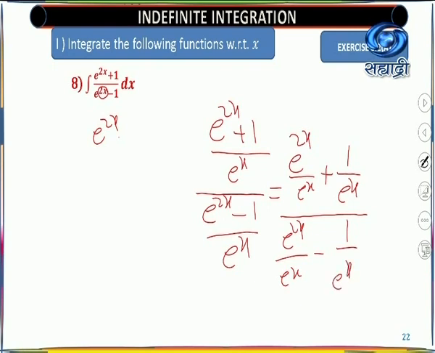Now look at here, this is the simplified form, which gives you e raised to x, using the indices law, plus e raised to minus x upon e raised to x minus e raised to minus x. Here we are using the indices law, so this function reduces to e raised to x plus e raised to minus x upon e raised to x minus e raised to minus x.